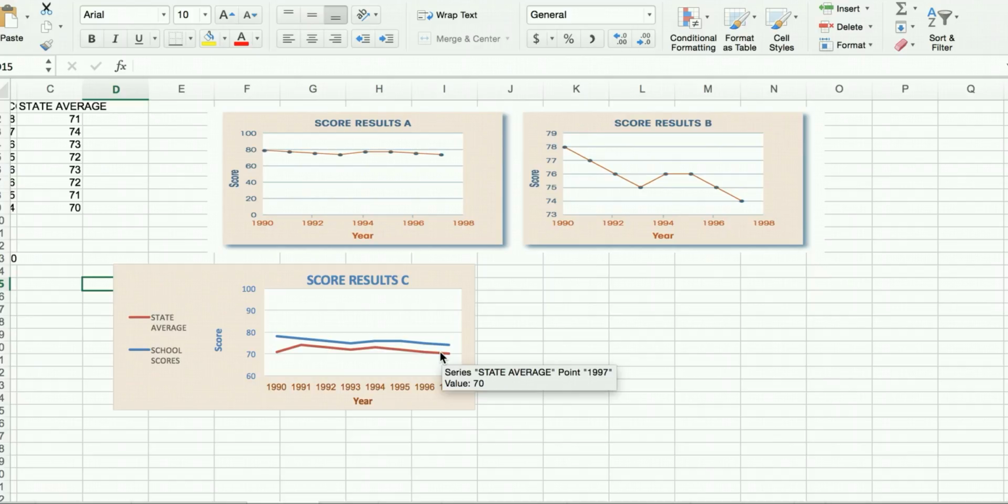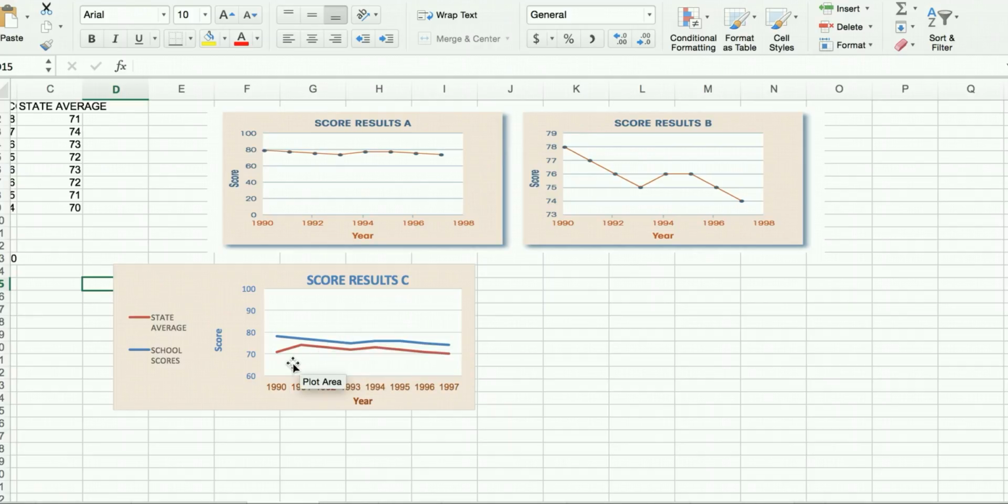But the drama of the drastic drop that you see in score results B up here is taken out, because that's not necessarily true either. Score results A, though, looks a lot more steady than it actually is. So this is sort of the best of both worlds here.